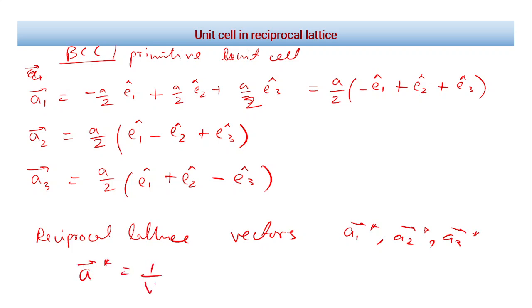We have to calculate volume, and then it will be, if it's A1 star, it will be A2 cross A3 over the volume. Okay, first we need to find out the volume. So volume, we know the relation is A1 dot A2 cross A3.